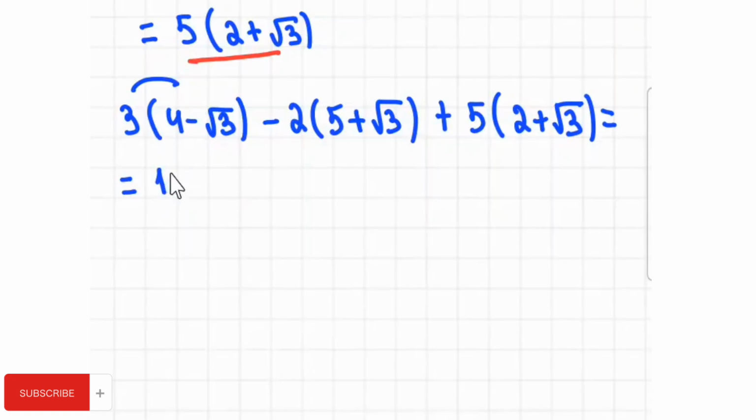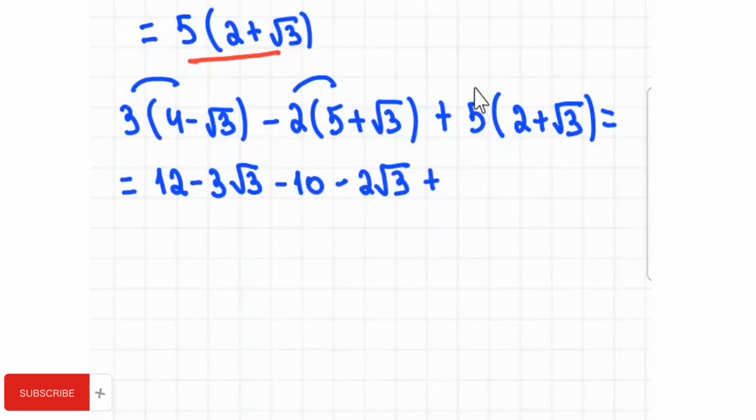Expand the expression, carefully keeping an eye on the negative sign. Group and simplify the like terms.